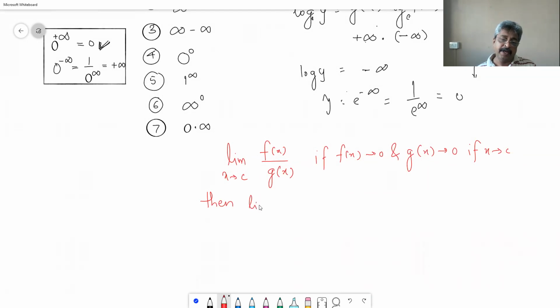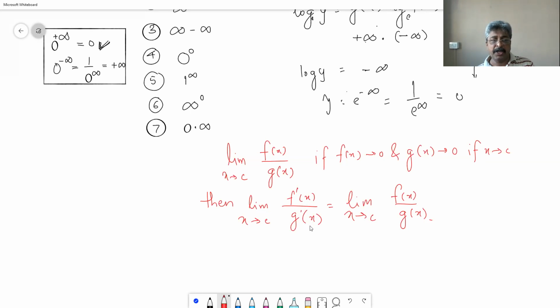Then the limit as x tends to c of f dash of x upon g dash of x is also equal to the limit as x tends to c of f of x upon g of x. So if you really want to find this limit, you differentiate numerator, differentiate denominator, and you get out of the indeterminate form.